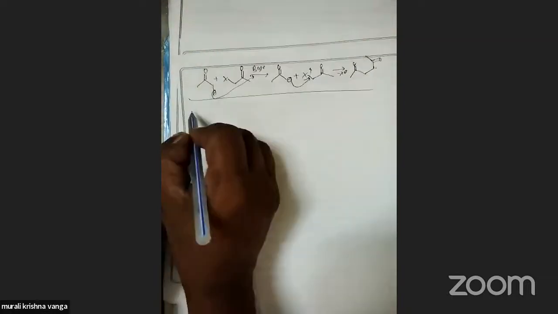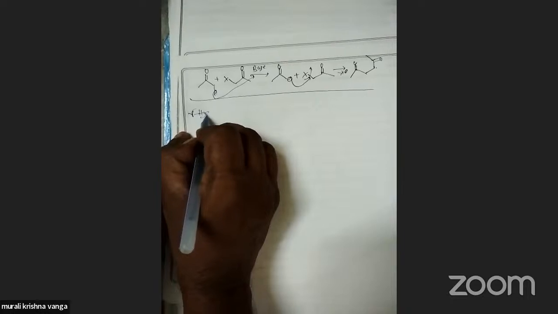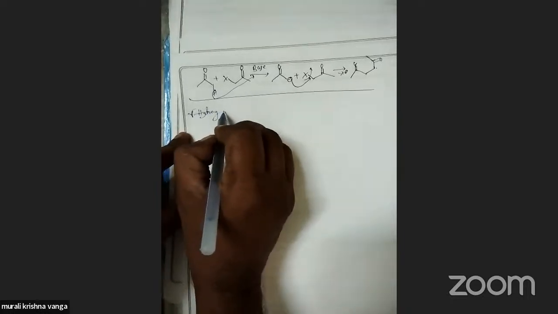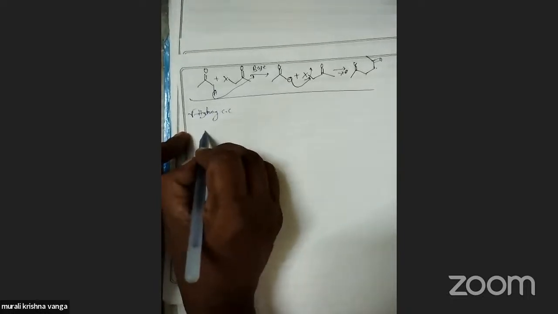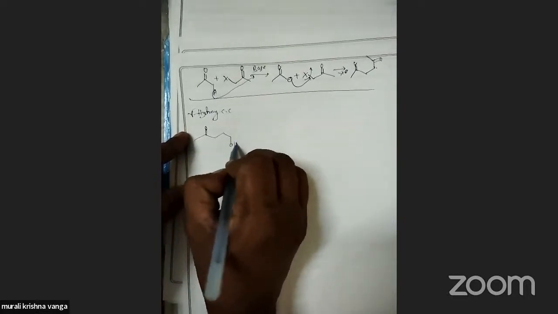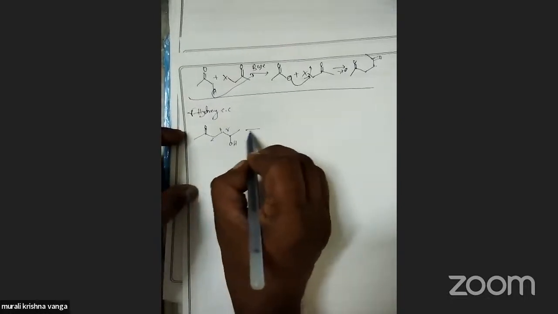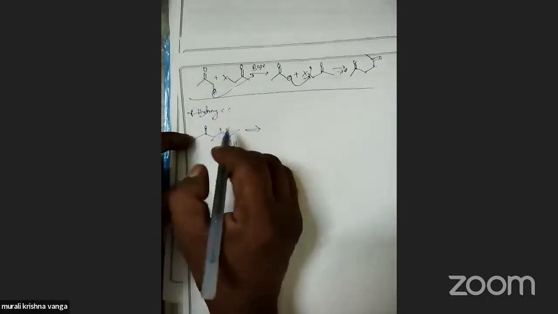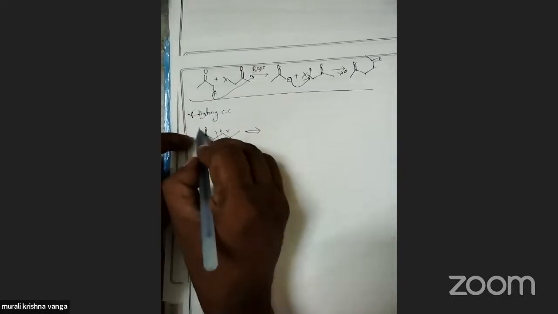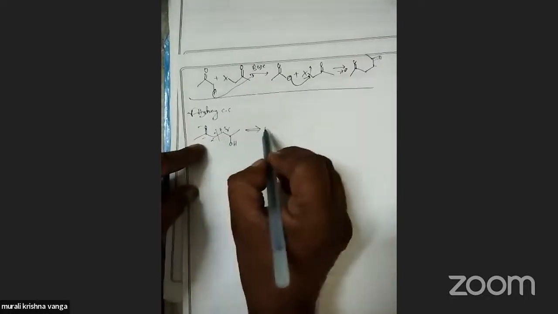Next example for 1,4 dicarbonyl compound is gamma hydroxy carbonyl compound. Alpha, beta, gamma hydroxy carbonyl compound, when undergoing disconnection, here the bond breakage takes place.